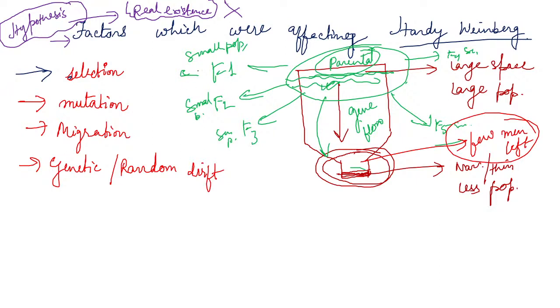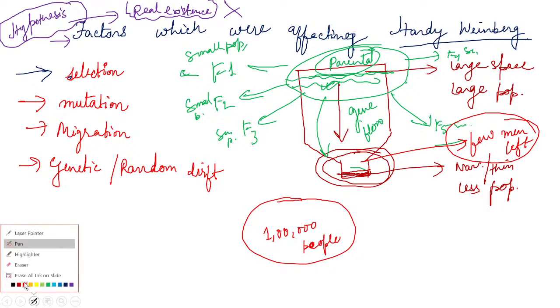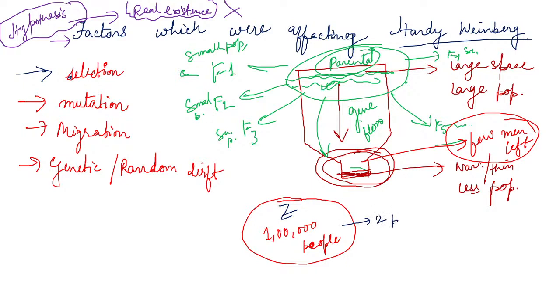Now, migration does not affect the frequency at large scale. Suppose there are a total of 1 lakh people residing in a place which is named place Z. Now from place Z, if 2 people go to visit place B, will it affect the 1 lakh population?